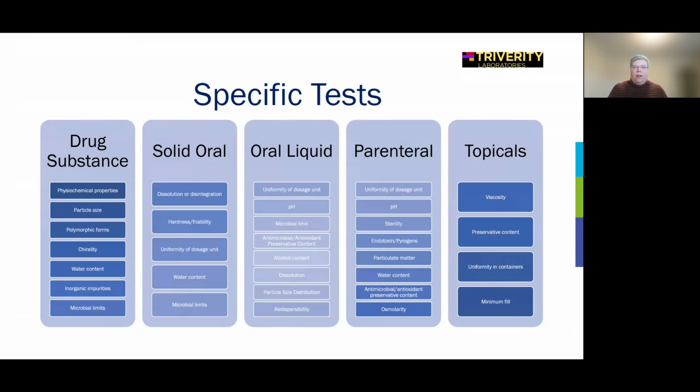For an example, in an oral liquid, it says particle size distribution. If it's not a suspension, you obviously don't need to look at particle size distribution. Same holds for topicals. Sometimes you have a suspension in a topical, and that's where you would look at particle size distribution. So you really need to know your product and understand it to determine which specifications of the specified tests belong on your specification.